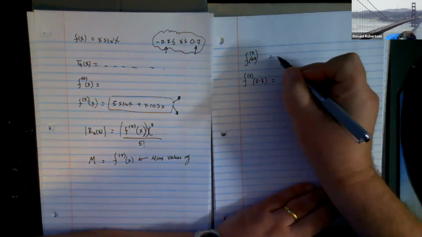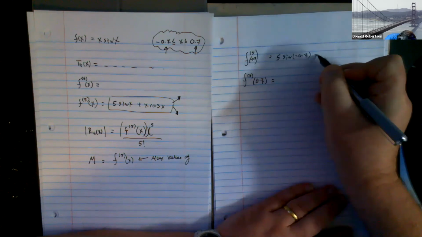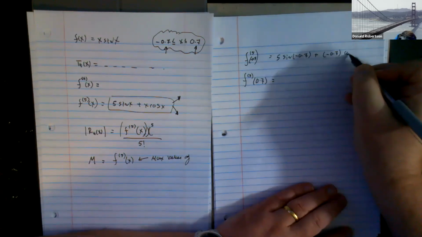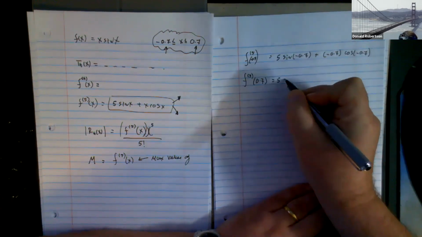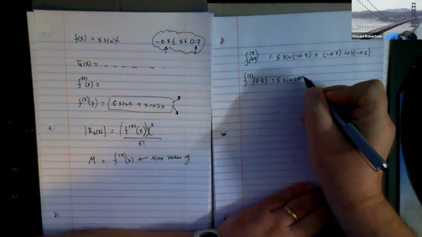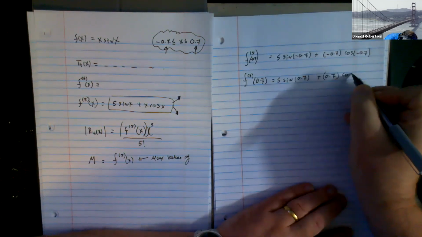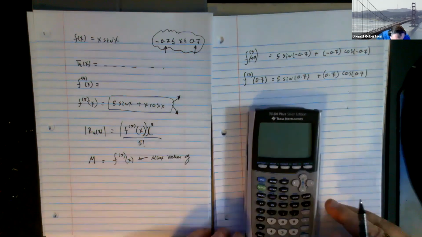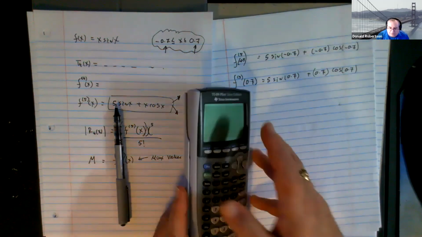This is going to be 5 times the sine of negative 0.7 plus negative 0.7 times the cosine of negative 0.7. That's going to be that one. And this one is pretty much the same, but with positive 0.7s. So what I'll do is I'll go here and bend this up a little bit. There we go.